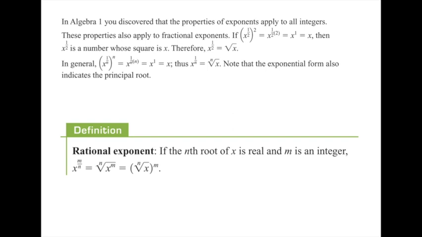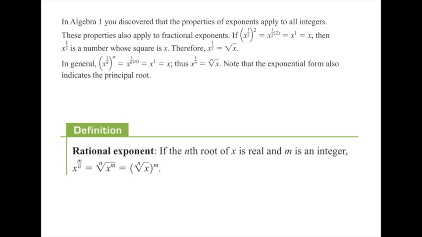So with a fractional exponent, you are talking about some root of the power of that number. You can either take it to a power and then take the root, or take the root and take that answer to the power. The numerator represents the exponent, the denominator represents the index.